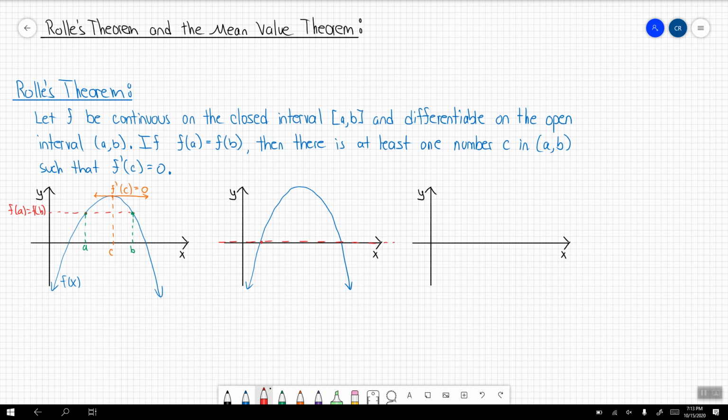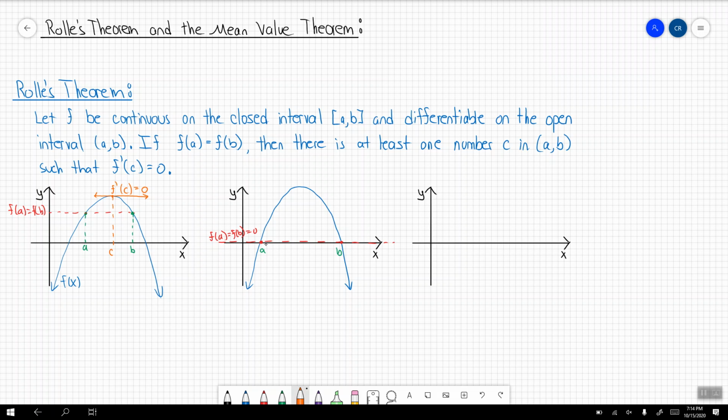We want to make sure that f of a and f of b are on this axis here, which must be equal to 0. In other words, y is equal to 0. At this point, this function is still continuous and still differentiable on the interval from A to B. The only difference is that the y values, the outputs, are both 0.